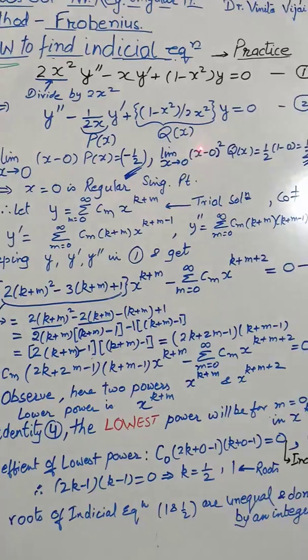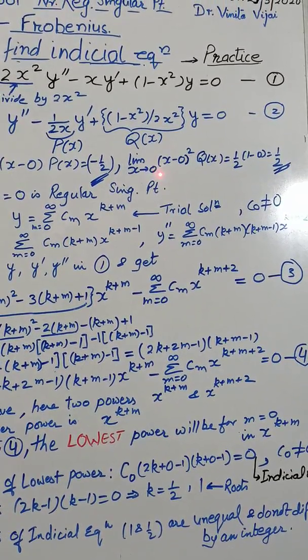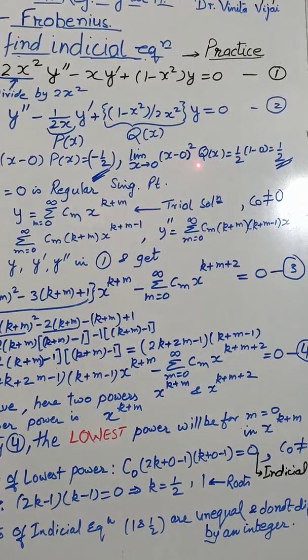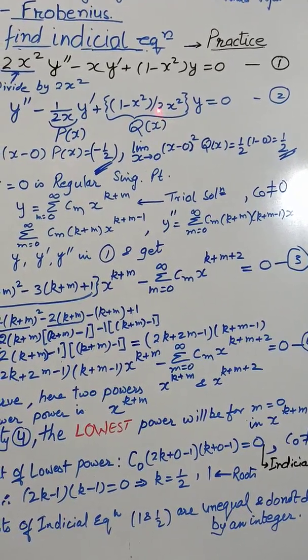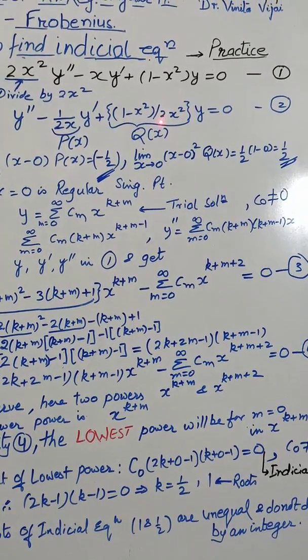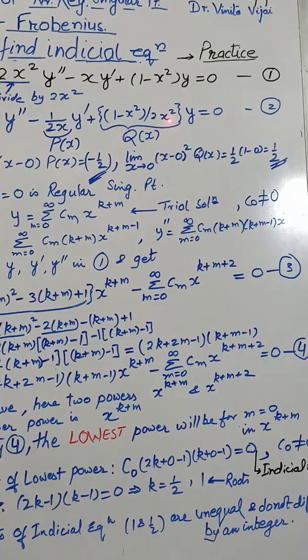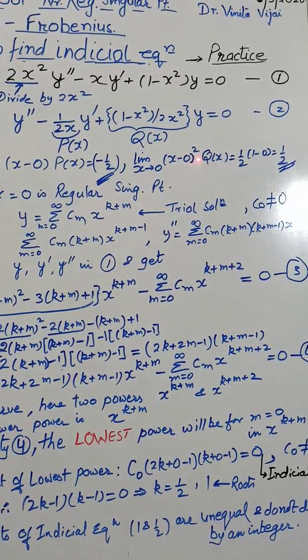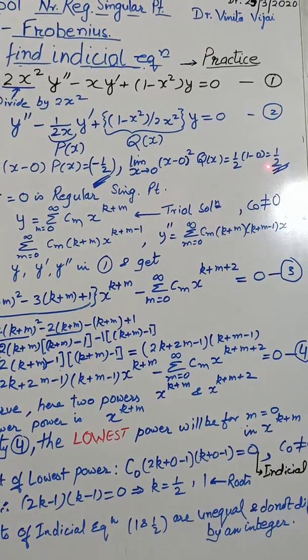Then come here. Now if I find the limit as x tends to 0 of (x − 0)² q(x), you can see this is x², and q(x) is (1 − x²) divided by 2x², so x² gets cancelled out and this limit will come out to be 1/2.